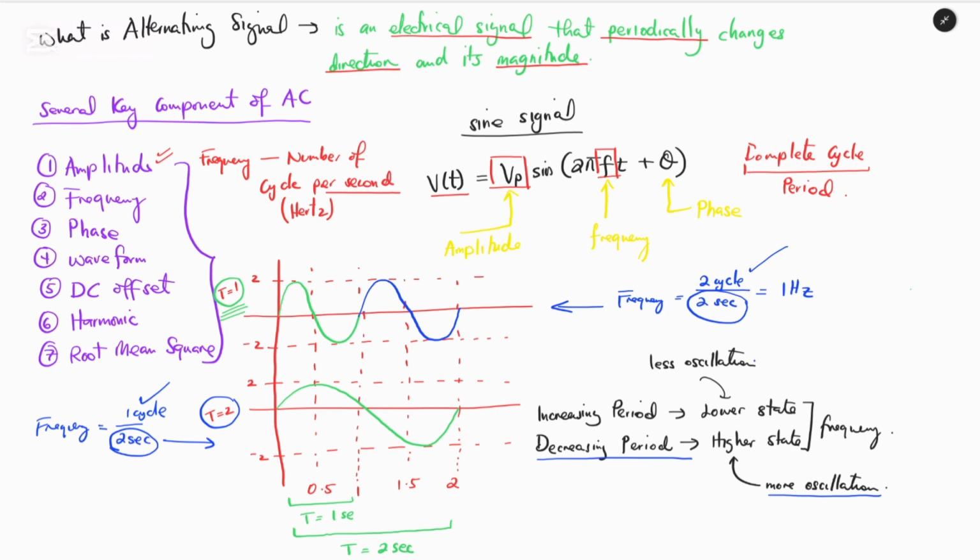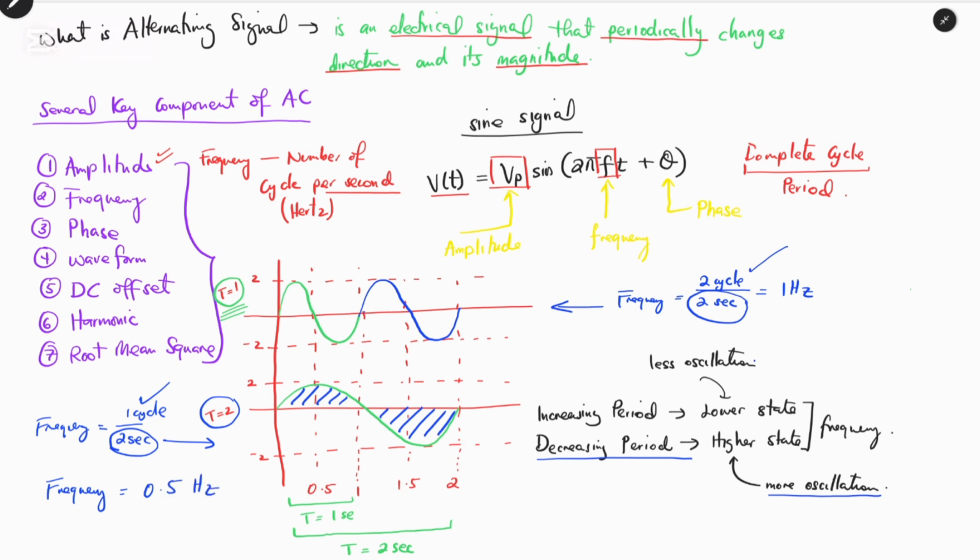Therefore, what will happen? If we keep on increasing the period, that means the number of cycles will become less. And when we decrease the period, that means the cycles will become more. Therefore, we have more oscillation. Now we can see that the frequency for the second graph is 0.5 Hz.